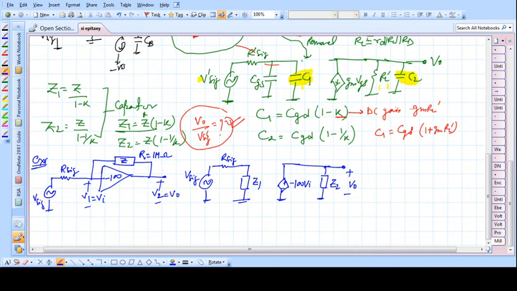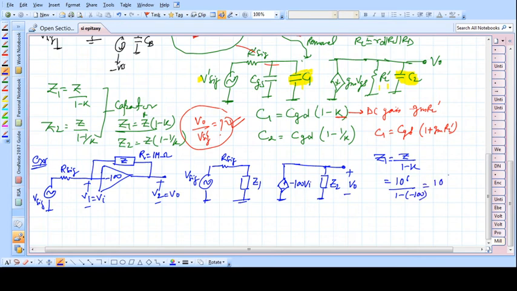Now this Z1 is nothing but simply the already derived formula, Z by 1 minus K. So for example, Z is 1 mega ohm. So we can write 10 to the power 6 by 1 minus K. K is minus 100.